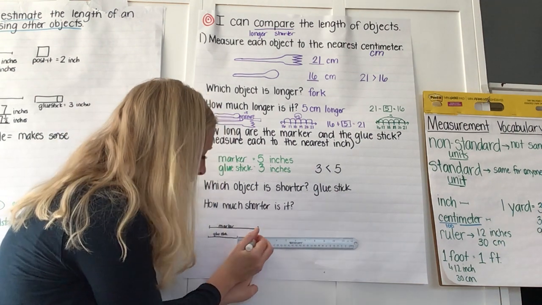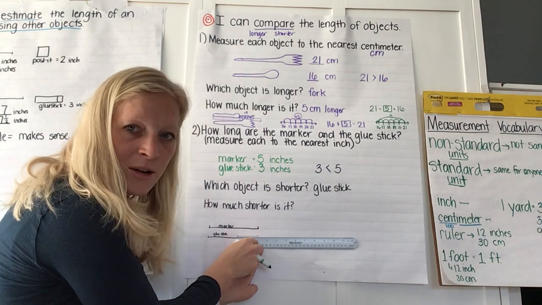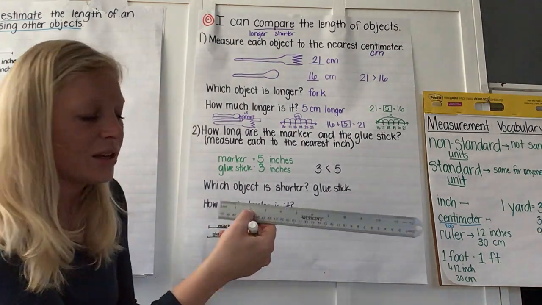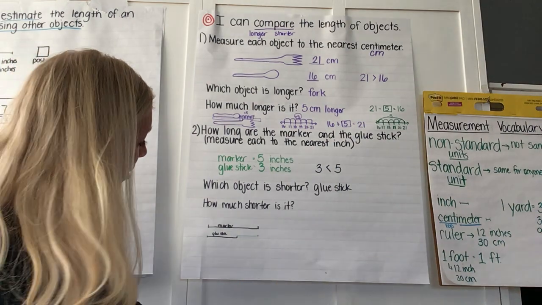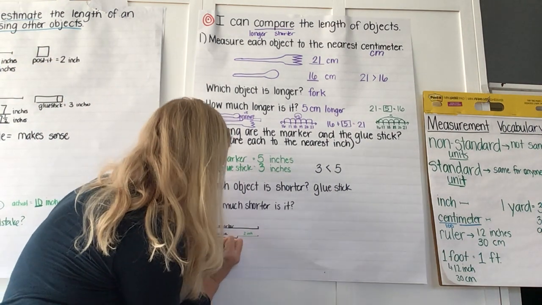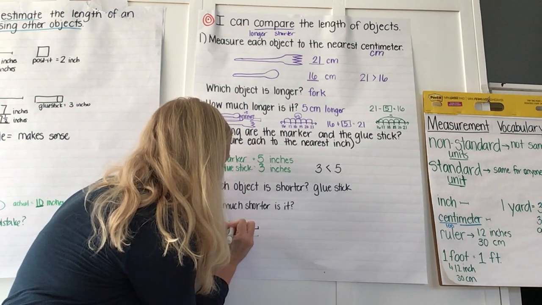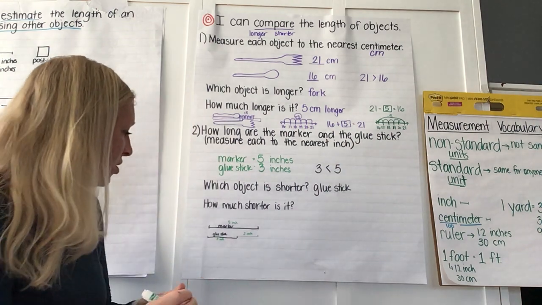And when you came down here, what did you notice? You guys see what number that was? You saw that there were 2 inches. So this was 3, this was 5, and that was 2.